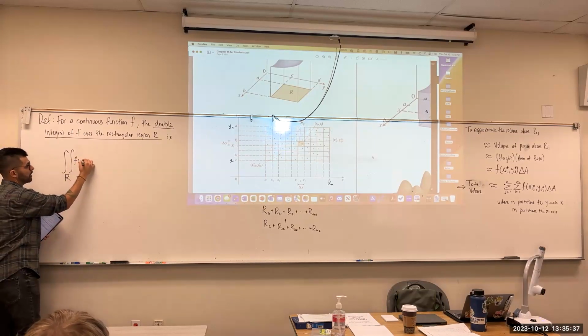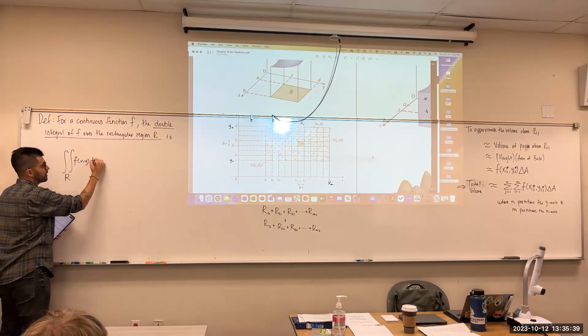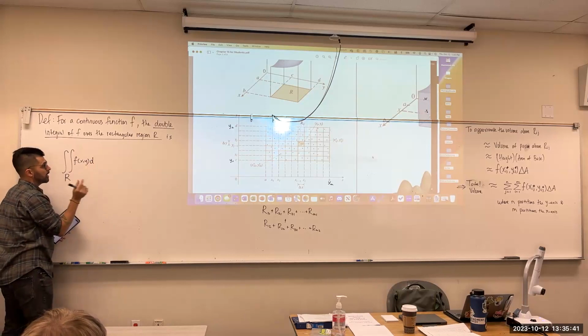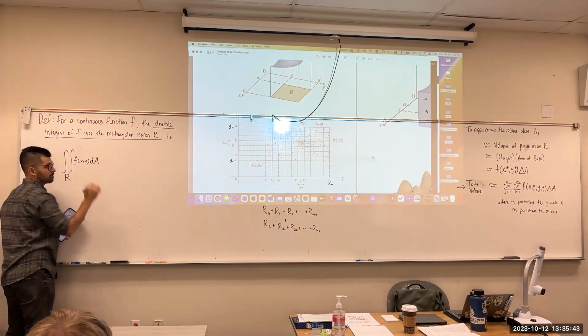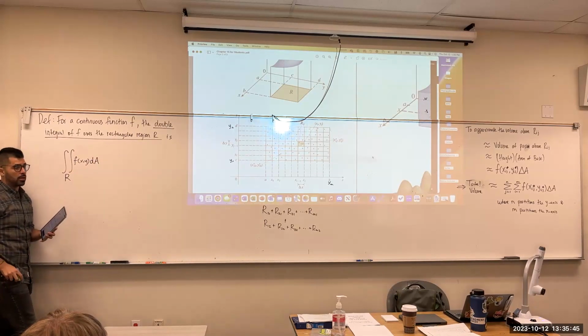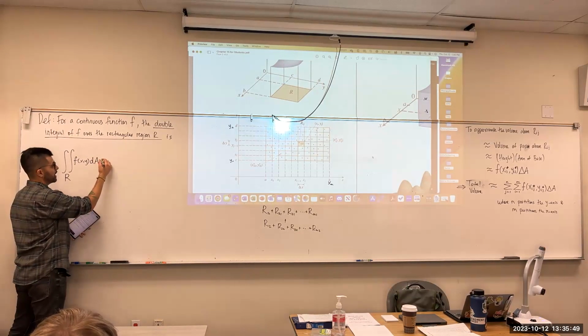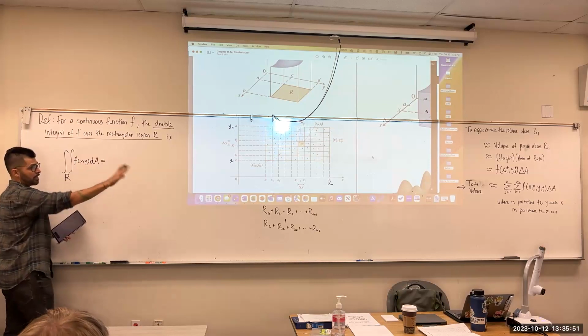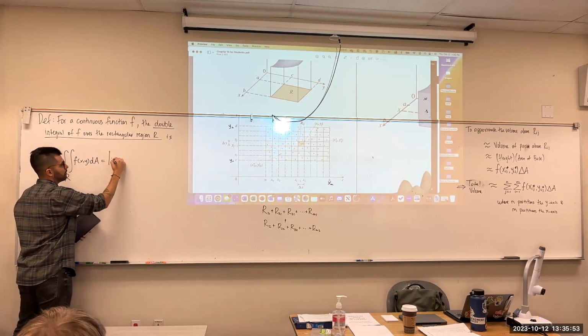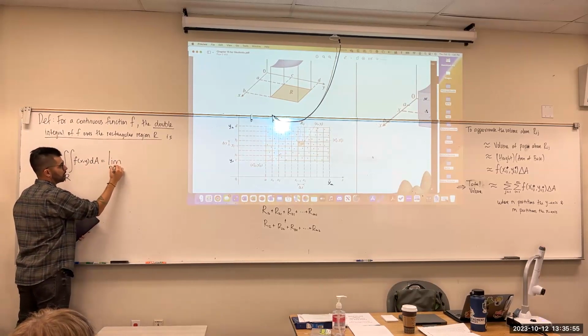of my function xy. This time though, it's not delta x, it's going to be dA, because each subrectangle has area delta A, which we're going to approximate to dA, is that sum, but with a limit in front of it, where n goes to infinity and m goes to infinity.